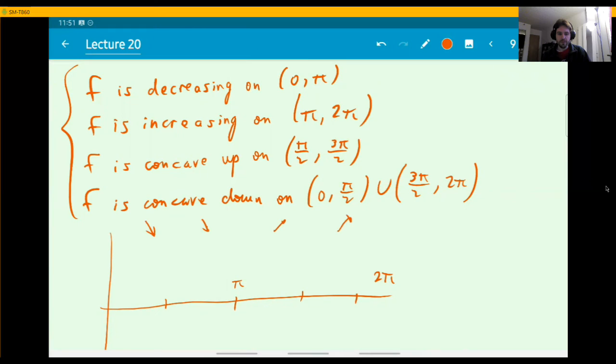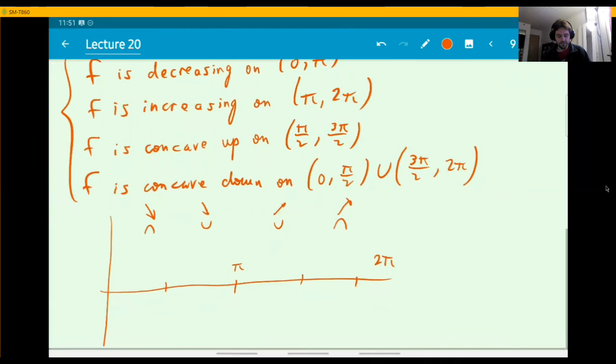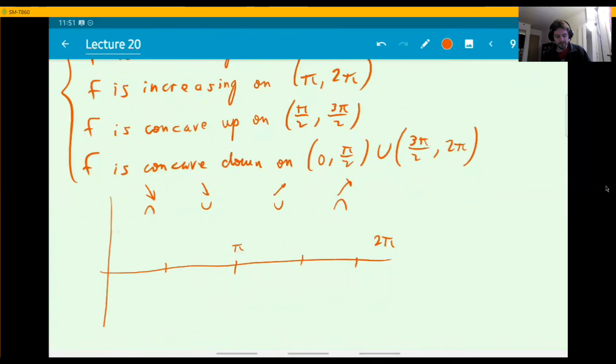But in terms of concavity, it's up in the second and third piece and down in the first and fourth. So think about the cosine graph now. It does this. Sorry, it crosses here.